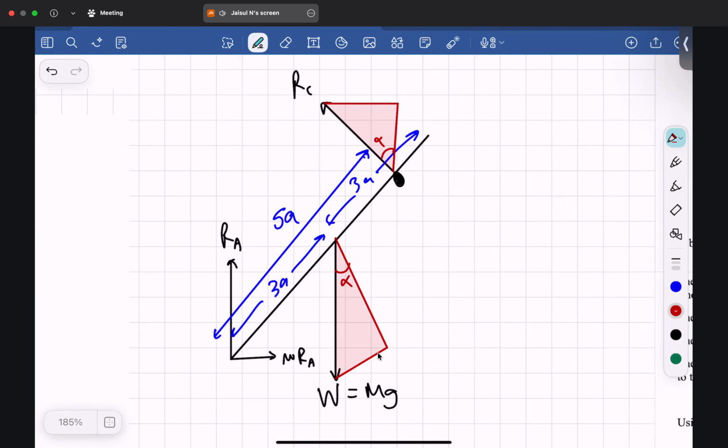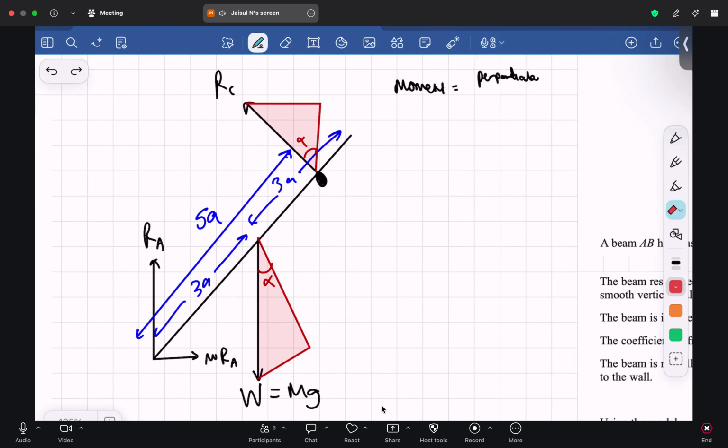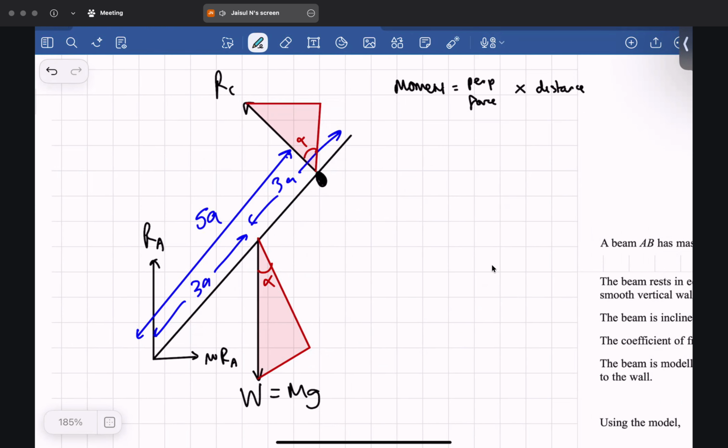Let's do the moment. The equation for the moment is force times distance. Moment equals distance from the pivot times the perpendicular force.